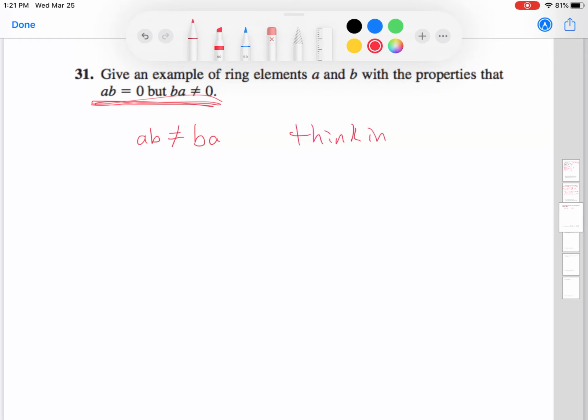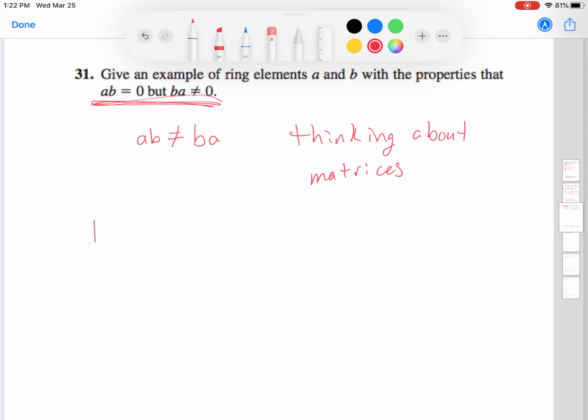When thinking about things being not commutative, we are often thinking about matrices. So we want to think about matrices.